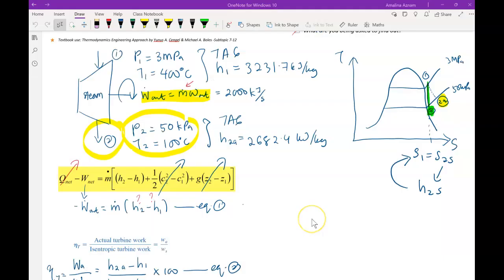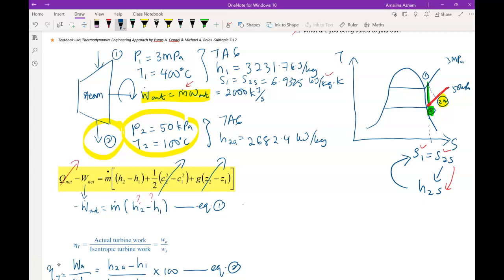Your S1 is equal to your S2S, which is equal to 6.9235 kilojoules per kilogram Kelvin. This is the value that we get over here, and you can see that your S2S lies on the 50 kilopascal pressure line. This is how you are going to get your H2S value, so please pay attention to this matter.